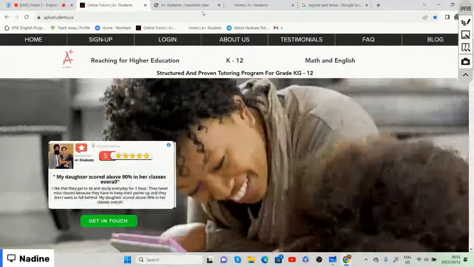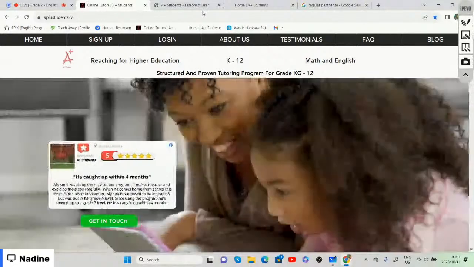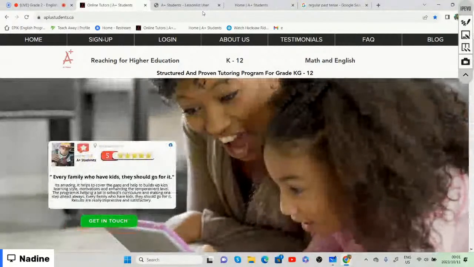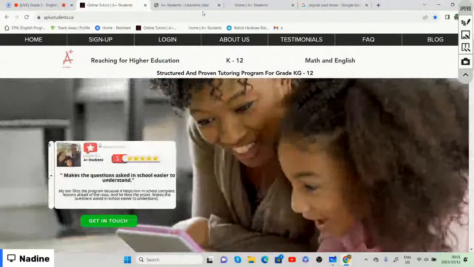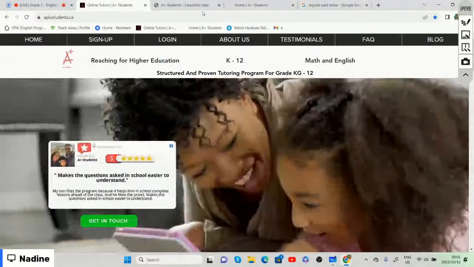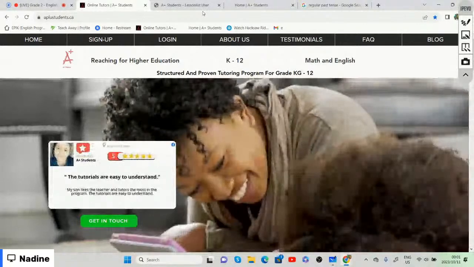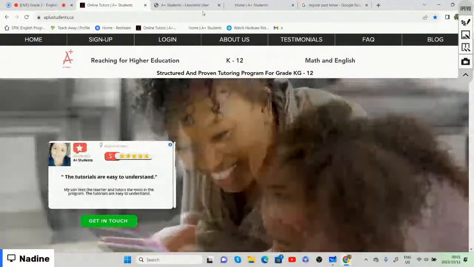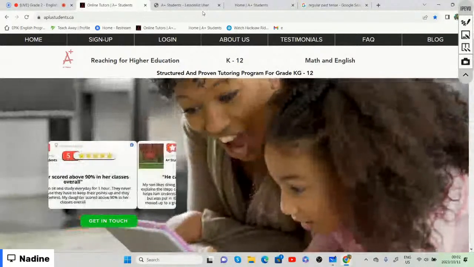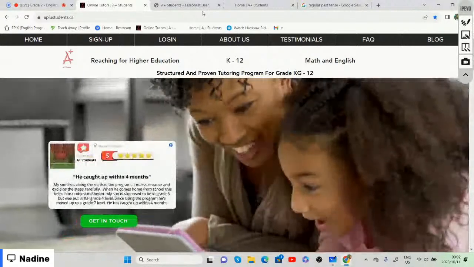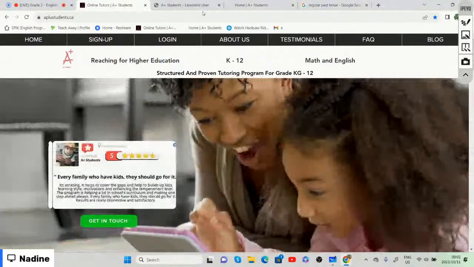Once we've logged into aplusstudents.ca with our username as well as our password, and then we're going to select the subject of language arts, grade 2.